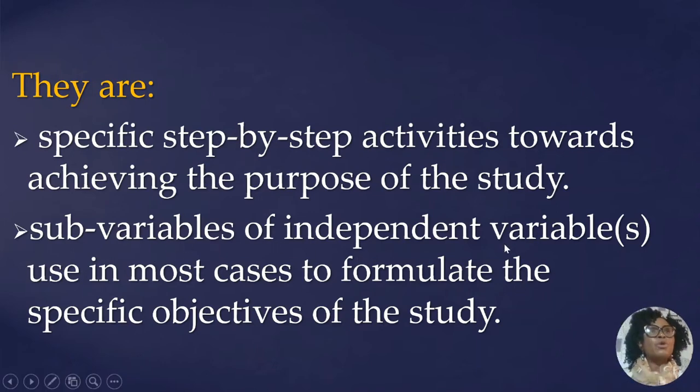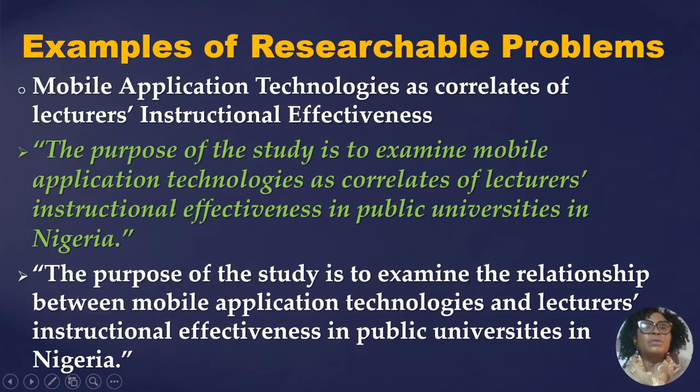So when you have your variable, especially the independent variable, which we describe as the primary variable, what are its sub-variables? What are its sub-factors or components? For instance, when we talk about teaching methods, you are studying how teaching methods can affect or influence something. So for you to form objectives, you have to go and find out the types of teaching methods, so you can use them to form these.